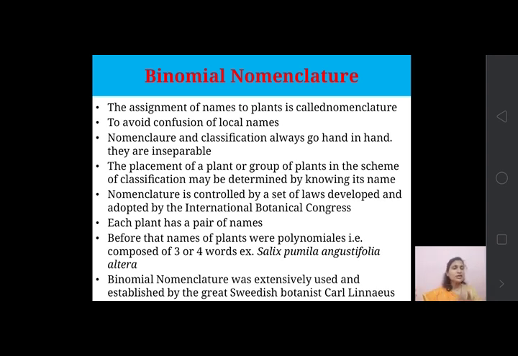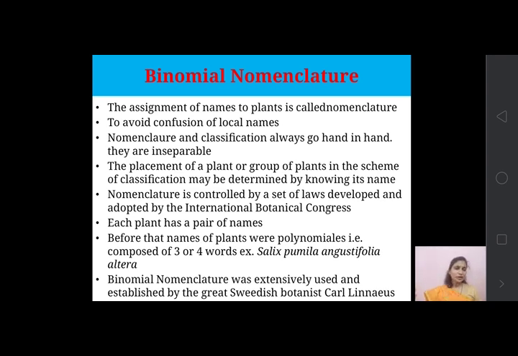So to avoid this confusion, we give a particular, specific, worldwide, universally accepted scientific name to a particular plant. It avoids the confusion, and it is easy for all the people, all the researchers who are interested in doing research on that particular plant.